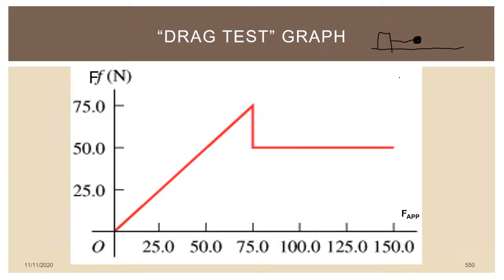When you very lightly pull on that object, and then pull more and more until the object starts to move, you are performing what is called a drag test. And when you do a drag test, you get a graph that looks like this.